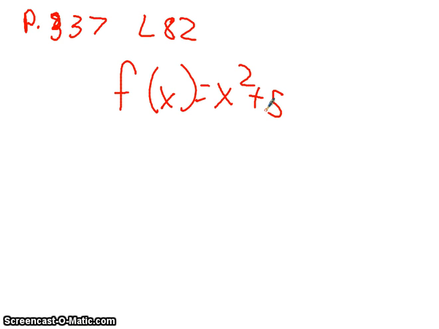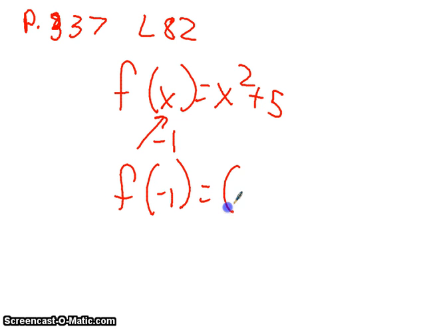That whatever I replace this with, I can get a solution. So if I replace this with -1, then my problem looks like this. Correct? And I can solve it.